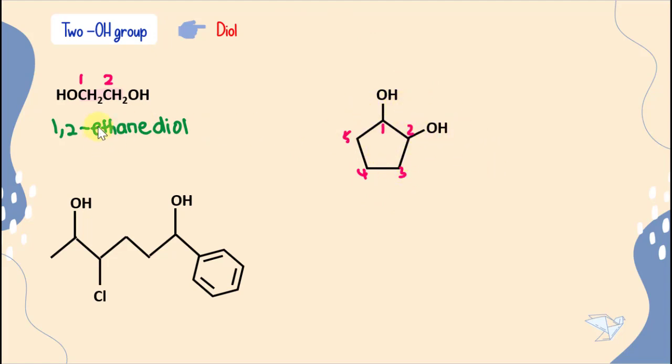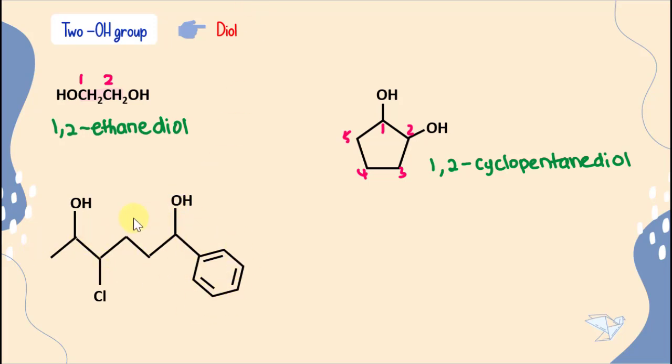It is the same as open chain, which becomes alkane diol, while cyclic becomes cycloalkane diol. So the name for this compound is 1,2-cyclopentane diol.